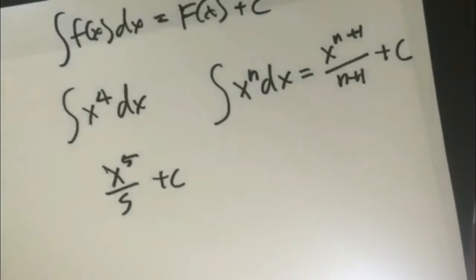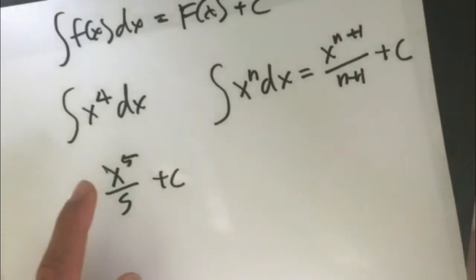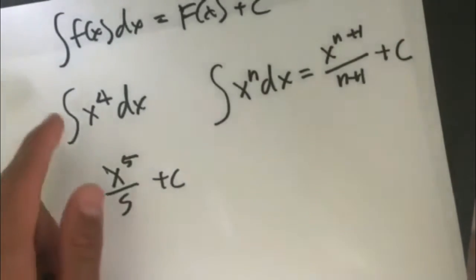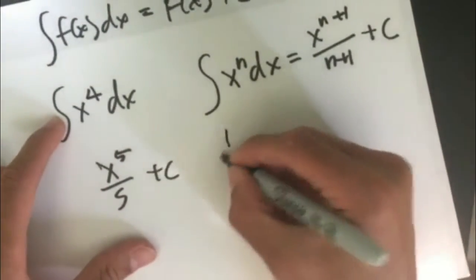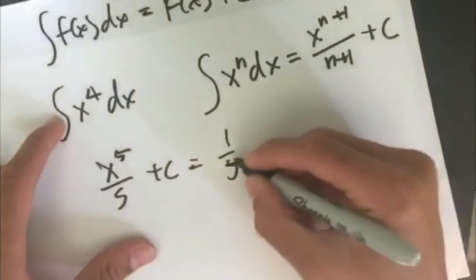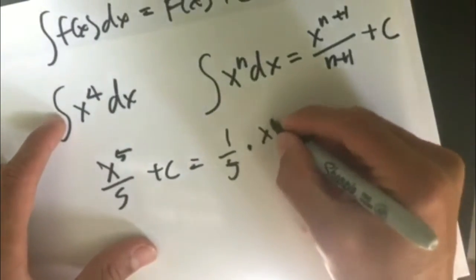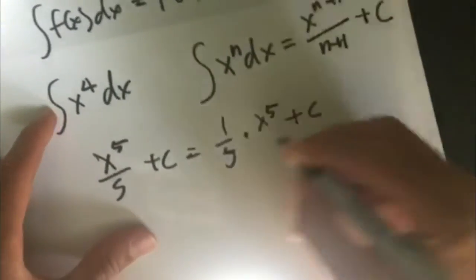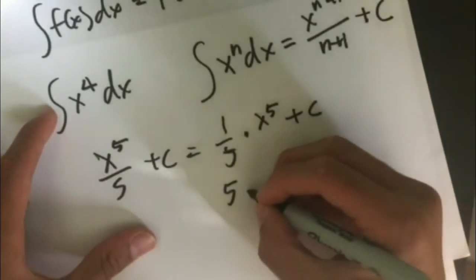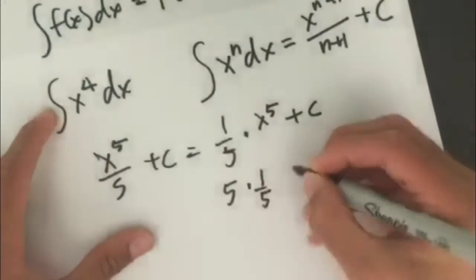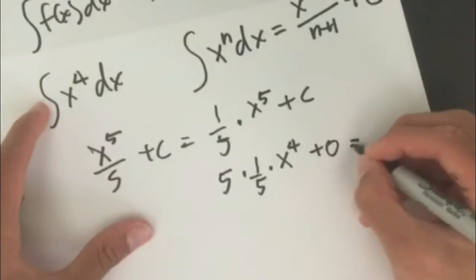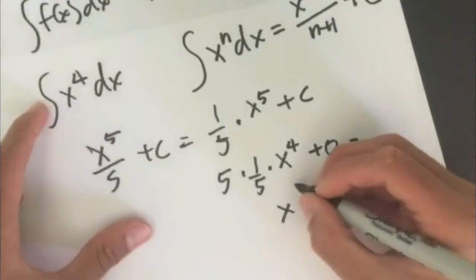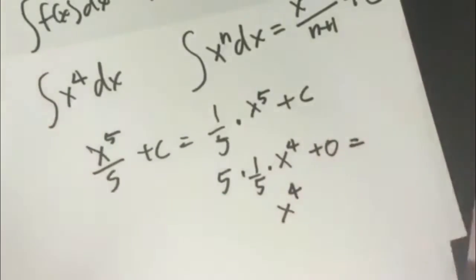Now, we can check our answer by taking the derivative of the antiderivative and getting back x to the power of 4. And there it is.